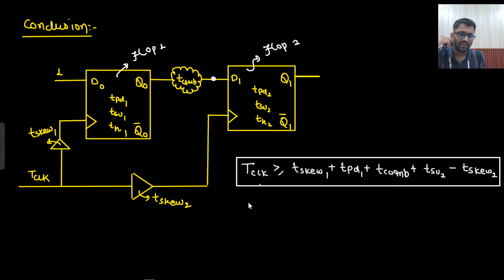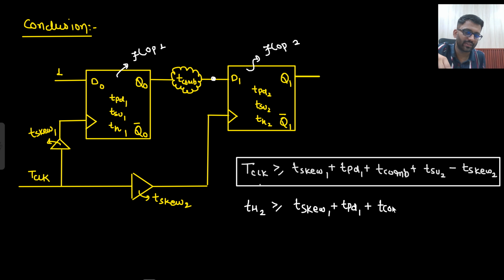And what about TH2? I told you one thing. What did I tell you? Just don't write the setup, the rest will be the same. So T skew 1 plus TPD1 plus T combination minus T skew 2.